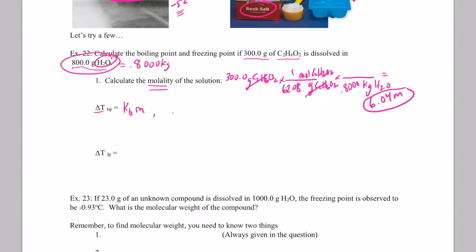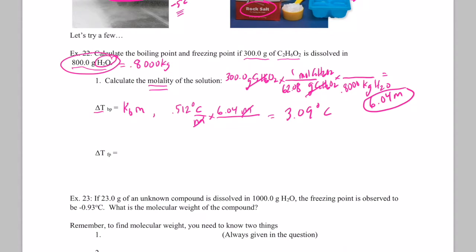We multiply it by the molality 6.04, so 0.512 times 6.04 gives me a boiling point elevation of 3.09 degrees Celsius.